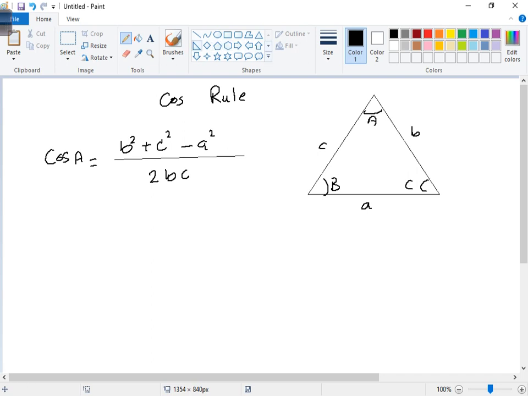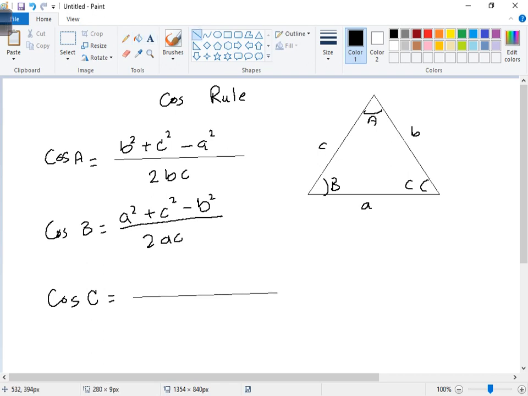For example, cosine B is equal to a square plus c square minus b square over 2ac, and cosine C is equal to a square plus b square minus c square over 2ab. These are the three laws.